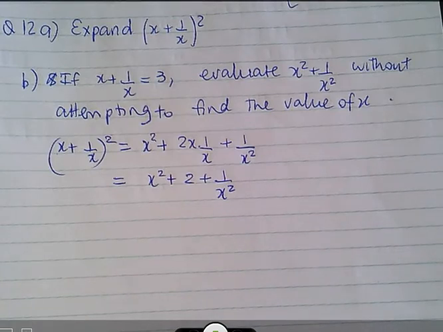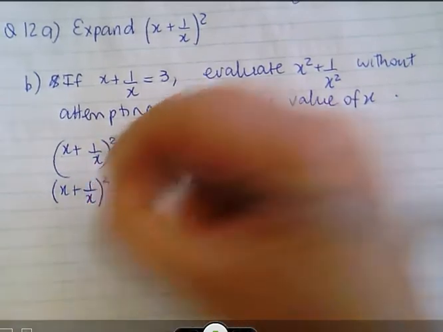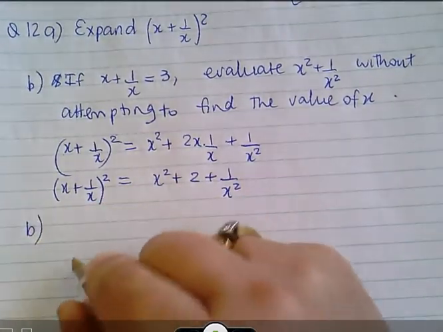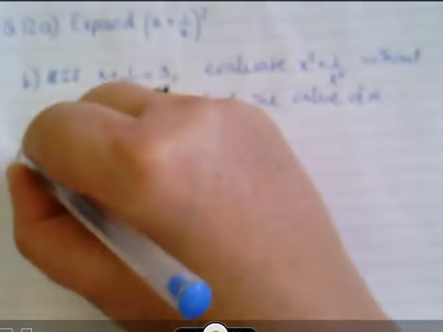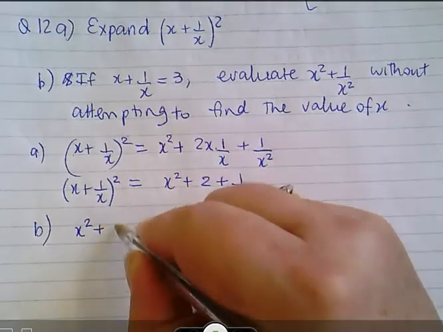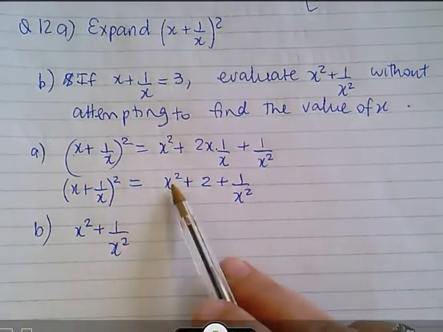Now it says evaluate x squared plus 1 on x squared without attempting to find the value of x. I'm just going to write this down here again. So for part B, evaluate, sorry, this is the answer for A. Sorry, I need to just fix this focus. Now I want to evaluate x squared plus 1 on x squared.